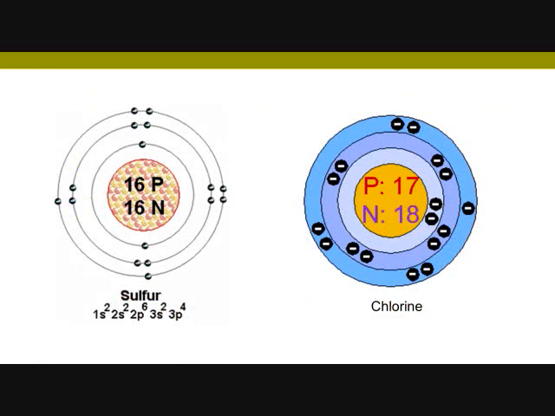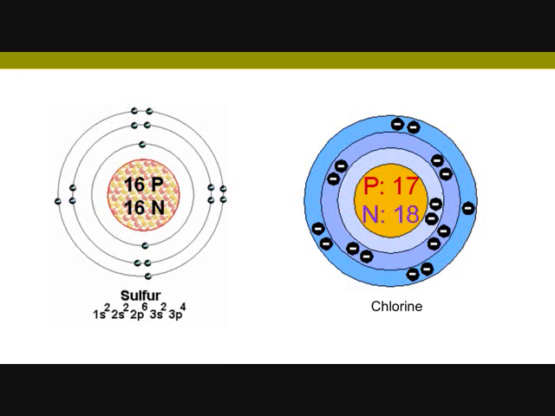Now, they're not exactly the same type of picture. I couldn't find it. But the left picture is sulfur and the right picture is chlorine. Which atom is smaller, sulfur or chlorine? What do you think? Why would you say chlorine? Because it has more protons. Exactly. The number of valence electrons is different.